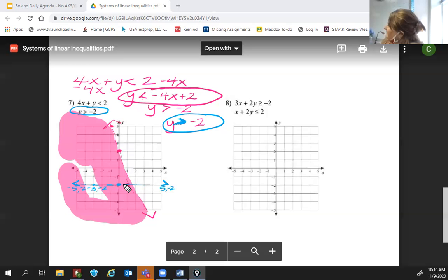See my dotted line? Why is it important to dot the line? Because the solutions on the dotted line, do they count? No, they don't count. They don't count for anything, right?